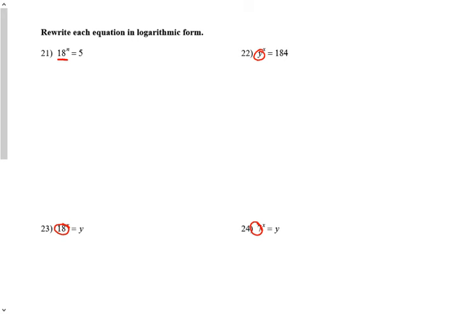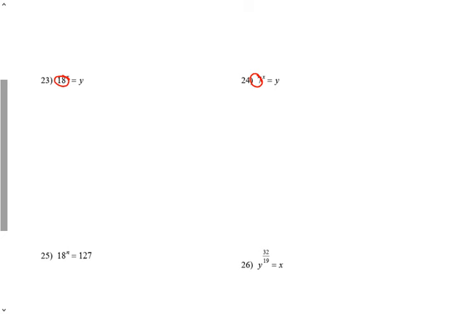And when we fast forward, now we're going to do the other way. Now this one can be a little more complicated, I suppose, simply because we have to write out log base 18, then swap again, 5 to the n. So we have to add in the log. Again, swap these two numbers. In 22, my base is y. Then I'm going to swap those two numbers. In 23, my base is 18.